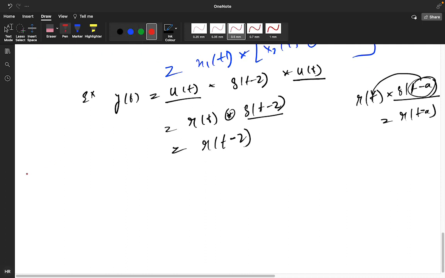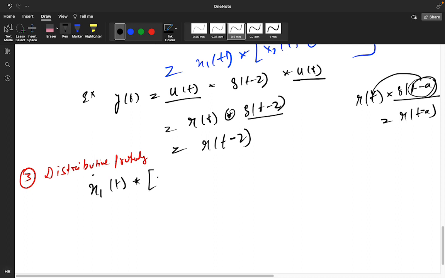Third is the distributive property. x1 of t convolution with x2 of t plus x3 of t.